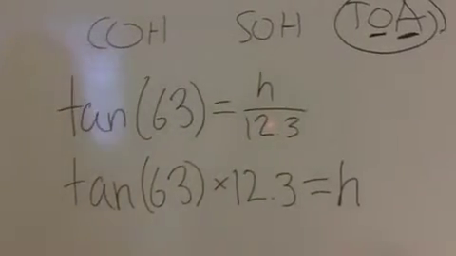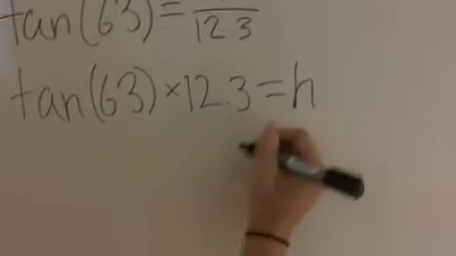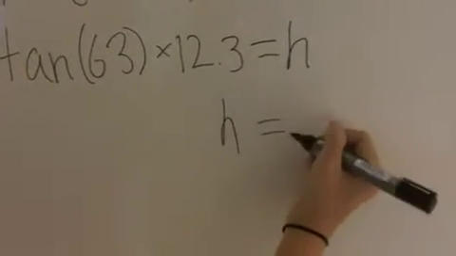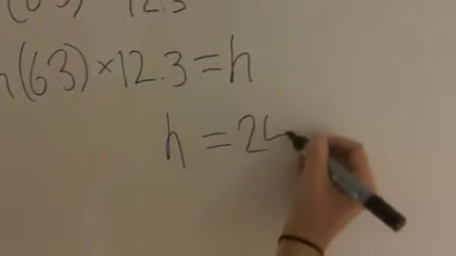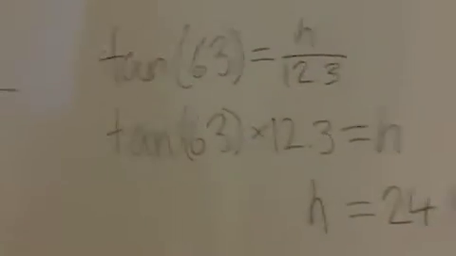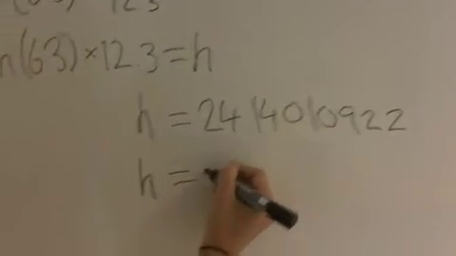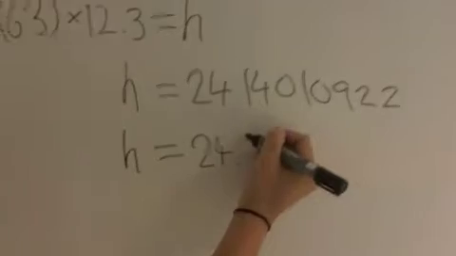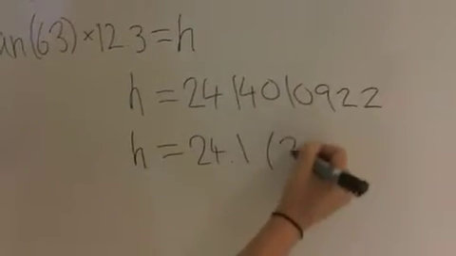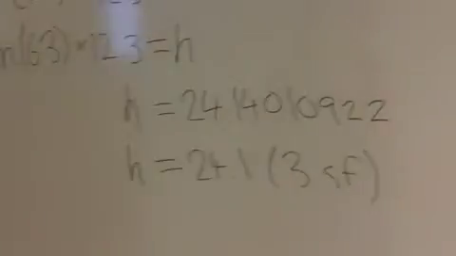So that would look like this. And then when you put that into the calculator, it will give you a really long number. So, to make our lives easier, let's put that into 3 significant figures. It would be 24.1. So that is part A.